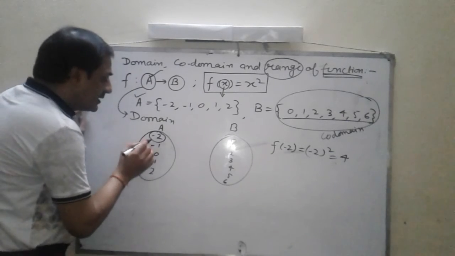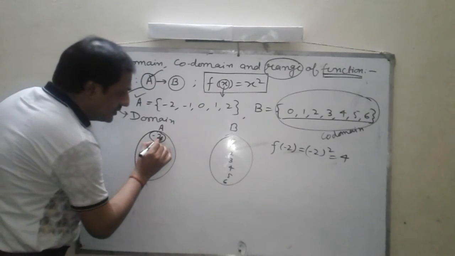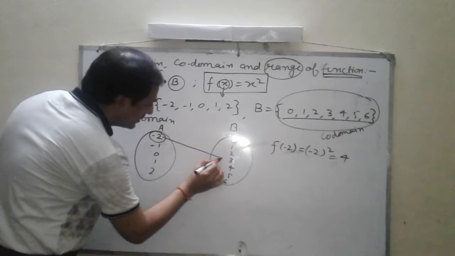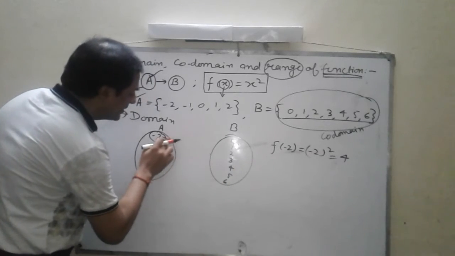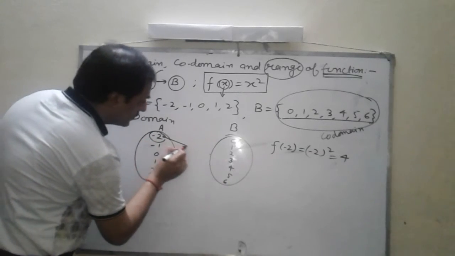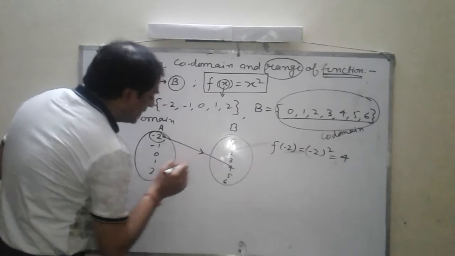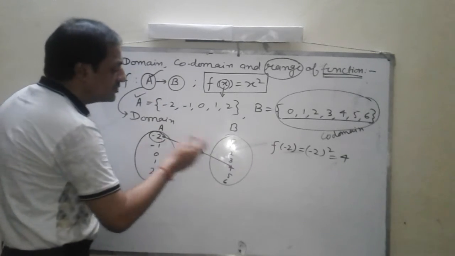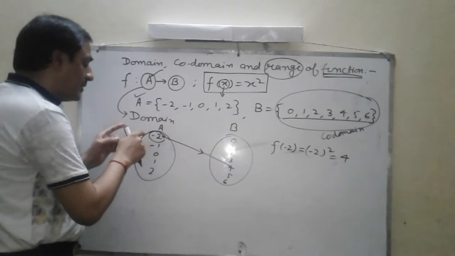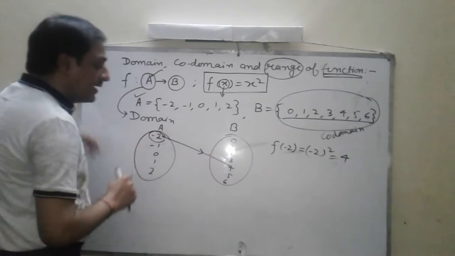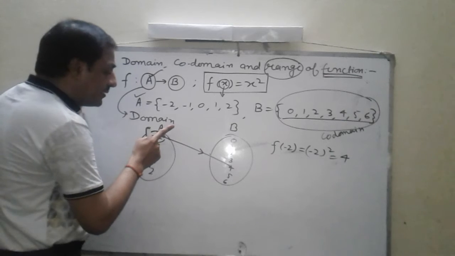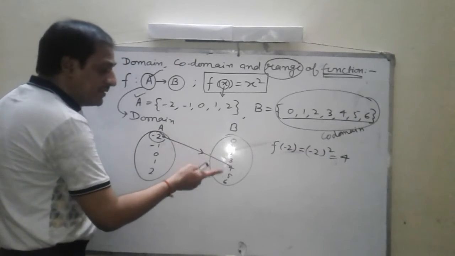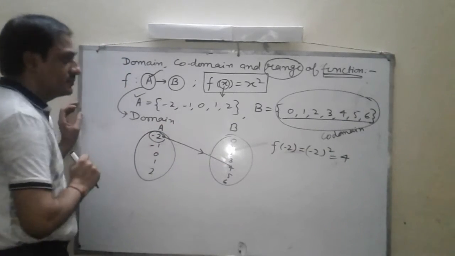It means -2 is associated with 4. Here the image of -2 is 4, and the pre-image of 4 is -2.